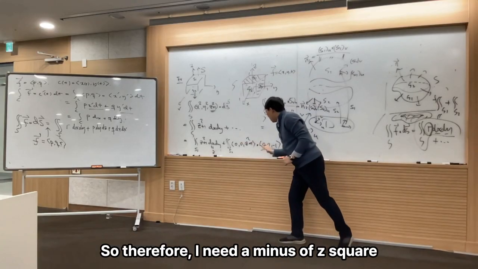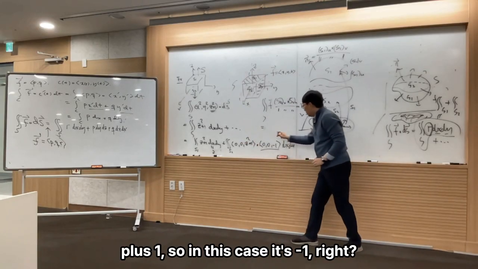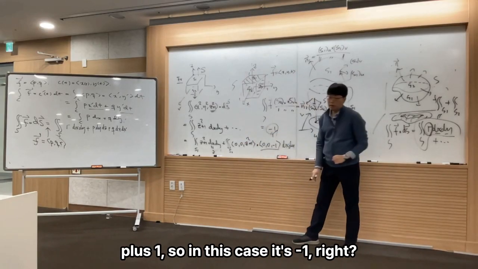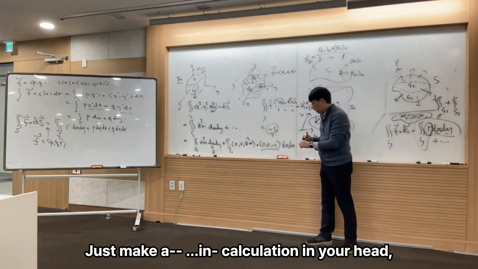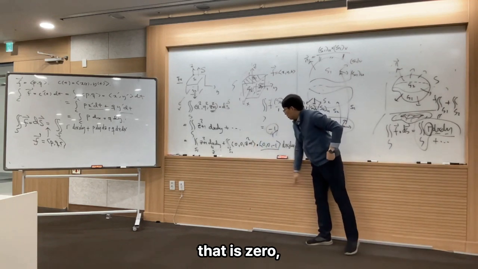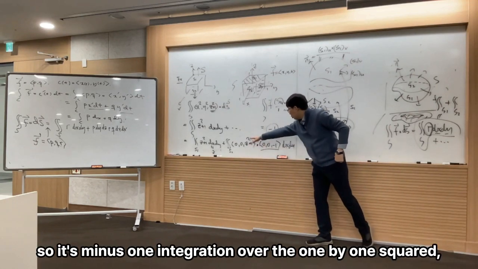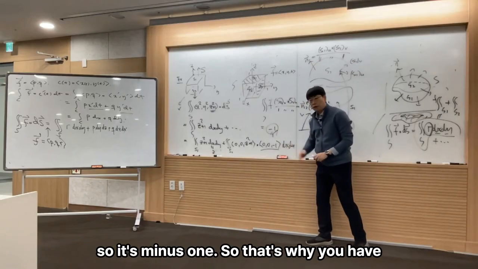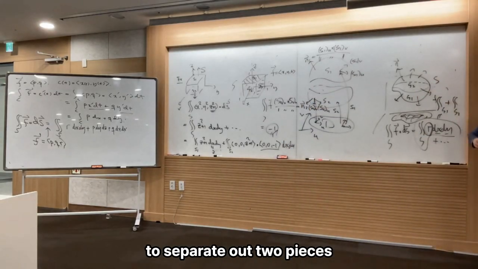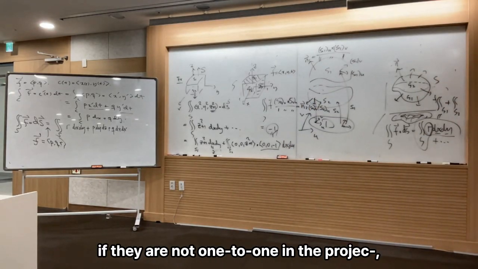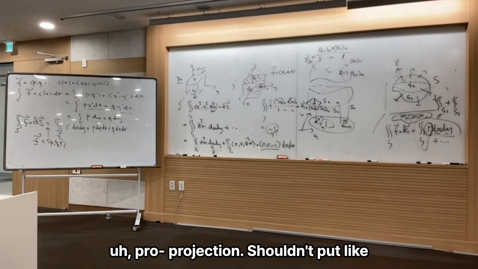Therefore, I need a minus of z squared plus 1. In this case, it's minus 1. Just make the calculation in your head. Z is 0, so it's minus 1 integrated over the 1 by 1 square, so it's minus 1. That's why you have to separate out two pieces if they are not one-to-one in the projection.